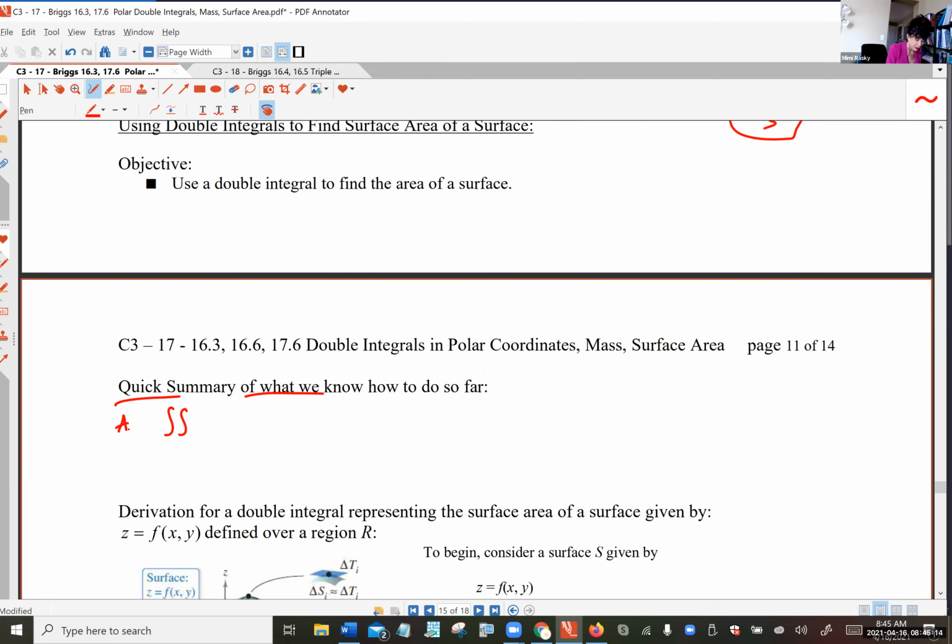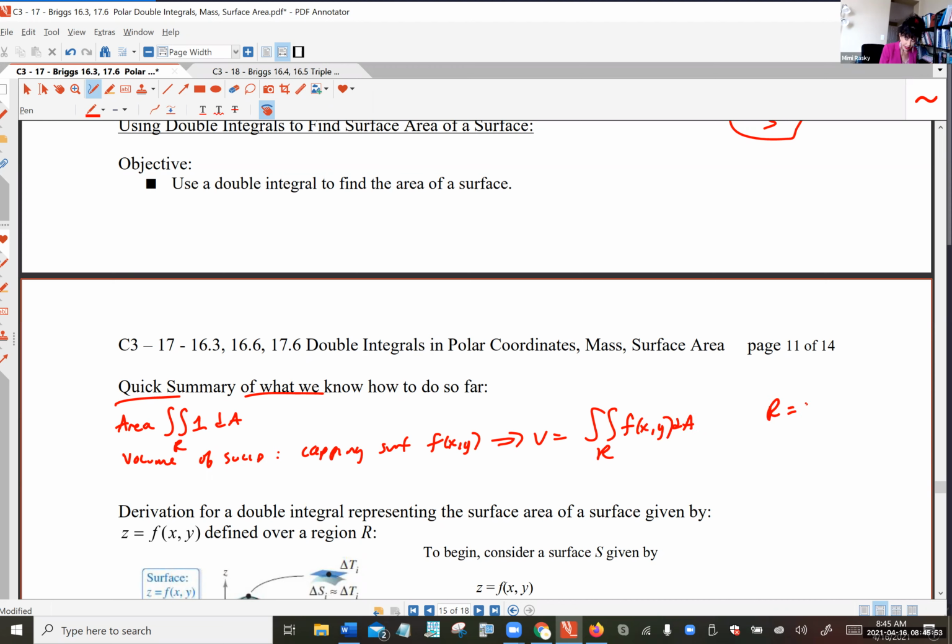The volume would be the double integral over the region R, which is the projection of the function onto the xy plane, and you'd put your capping surface in the integrand. So I'll just put that R is equal to a projection of the function onto the xy plane.